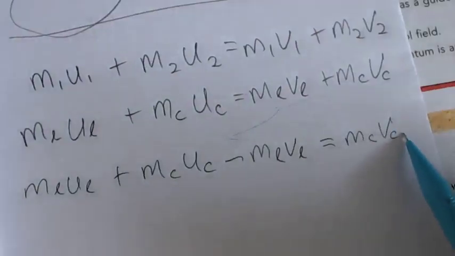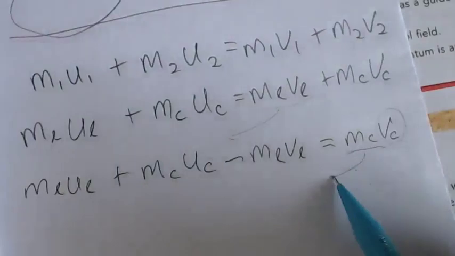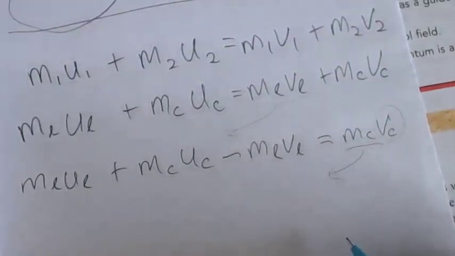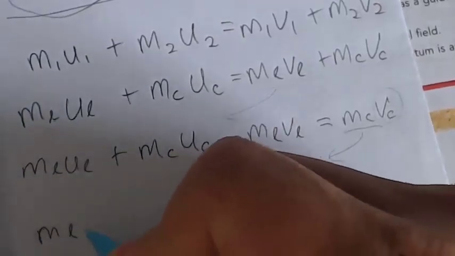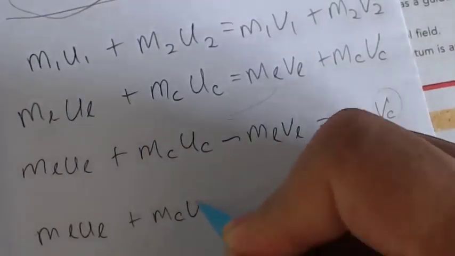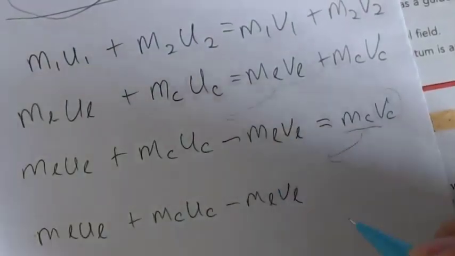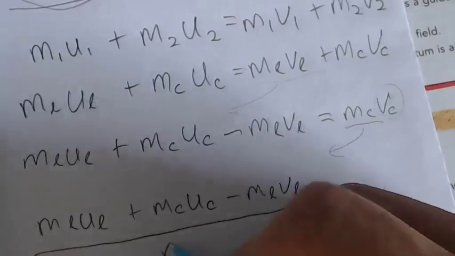We only want to have VC on the right side, which means these two need to be taken out and transferred to the left side. So it becomes ML UL plus MC UC minus ML VL, divided by MC.